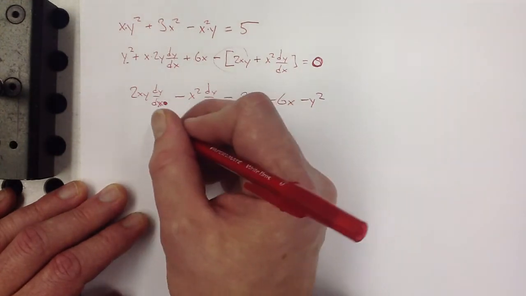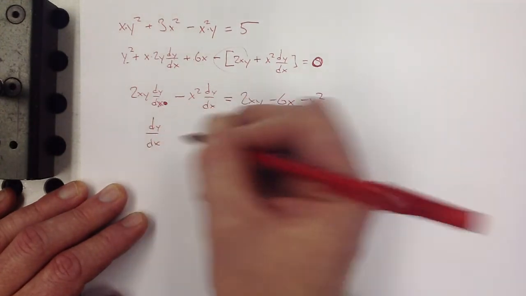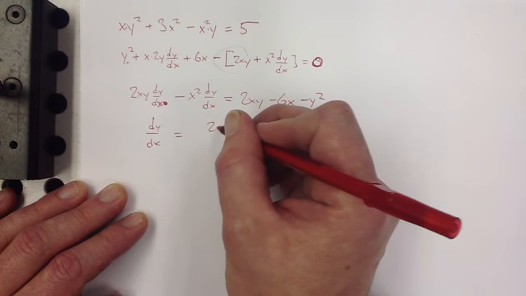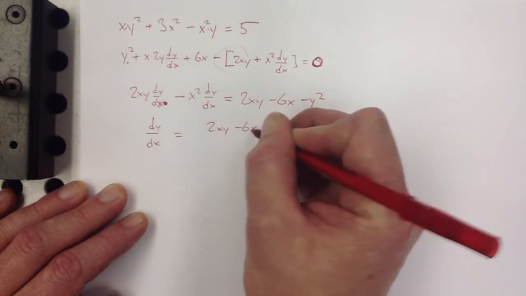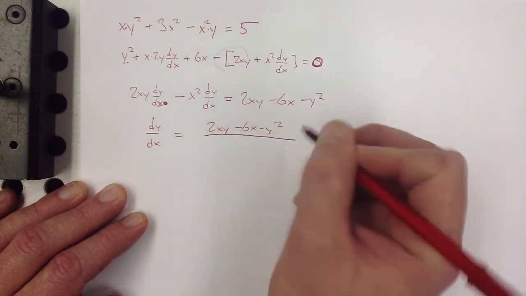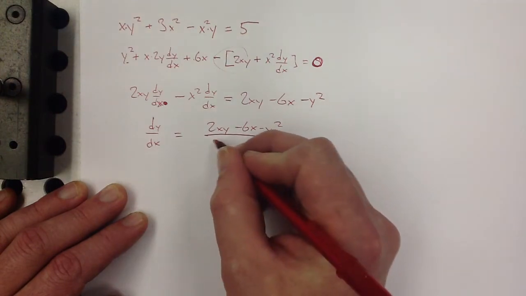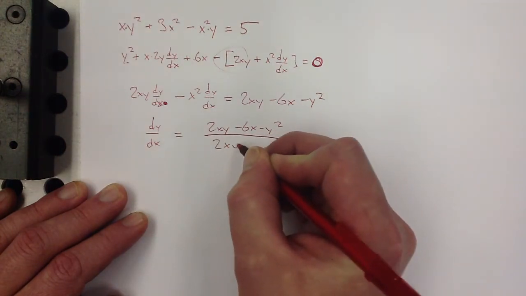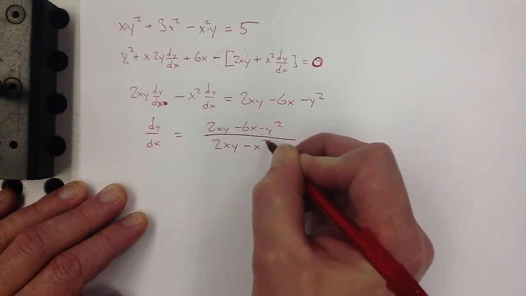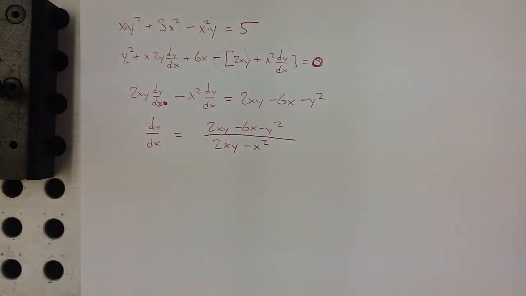Then I'll factor out the dy dx. I'm skipping a little bit of algebra here, and then dividing by what's left behind there. Right? Can you cancel those out? No, absolutely not. Cannot cancel over addition and subtraction.